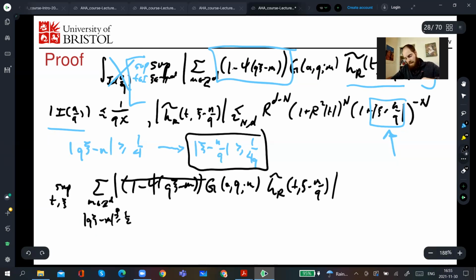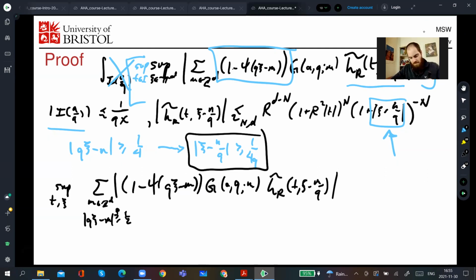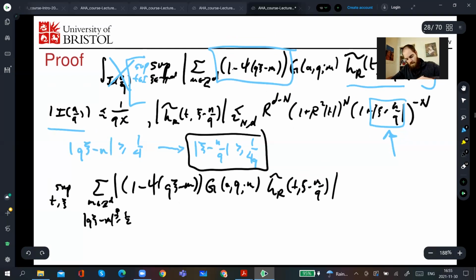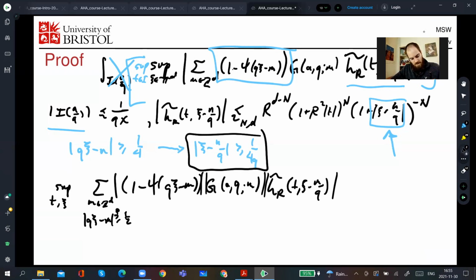And now I'm just looking at the absolute value of each of these terms in here. So this is equal to the supremum over t, c, of the sum over m.